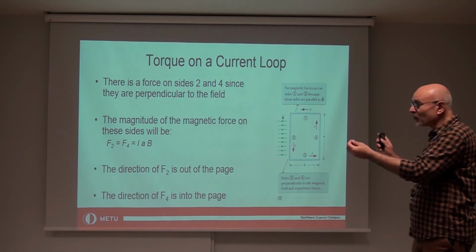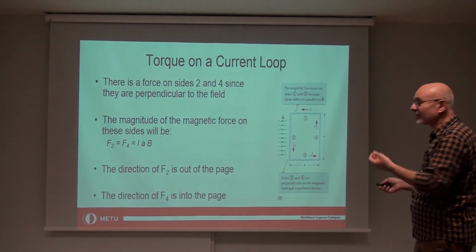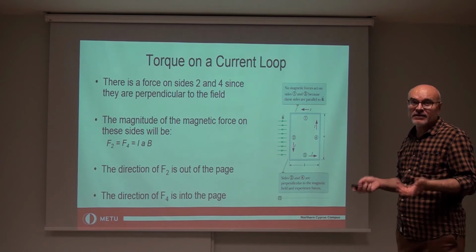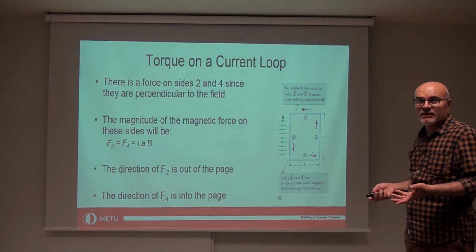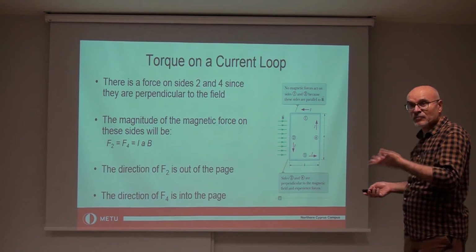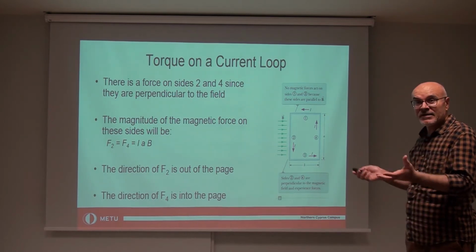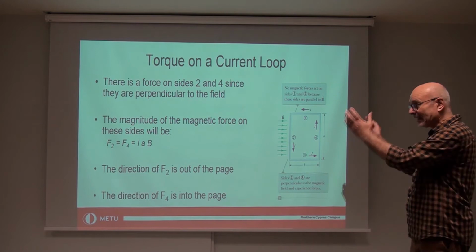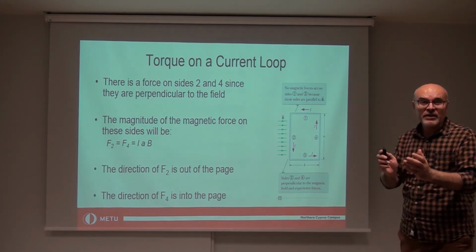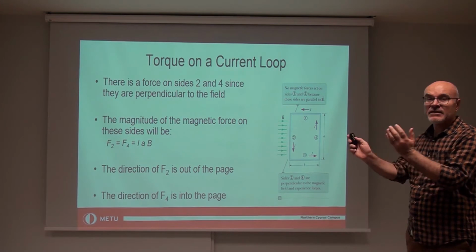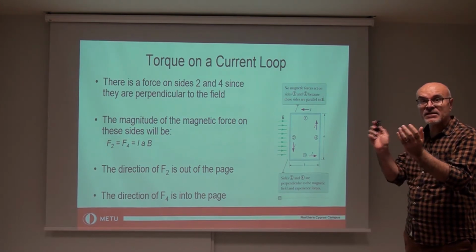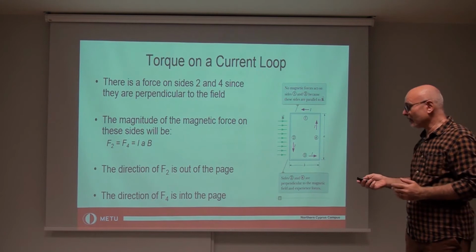And this loop will rotate under the action of the forces exerted by the magnetic field. This is what we are going to investigate. So this is the first thing that we conclude: when you put a rectangular loop in a uniform magnetic field, there will be forces exerted on it, and so it can rotate.